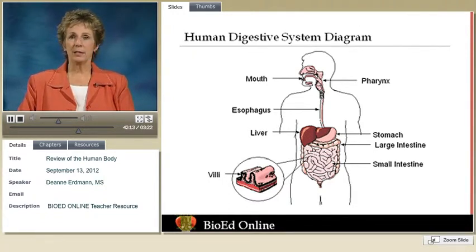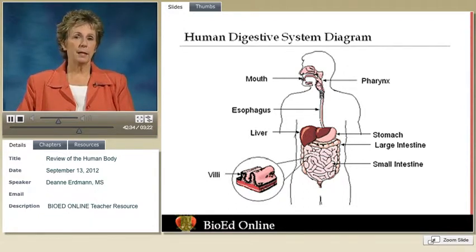From there, we go into the stomach. The stomach's primary function is to store and to churn food to a semi-liquid form called chyme. In the stomach, we're going to produce hydrochloric acid, which is necessary to lower the pH so that the enzyme pepsin can begin to digest proteins.